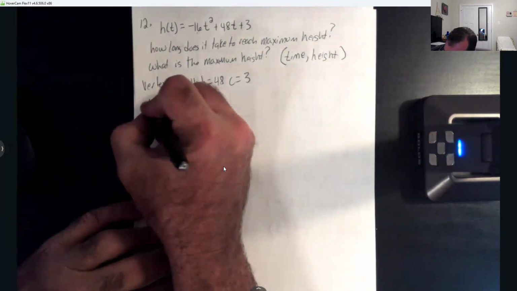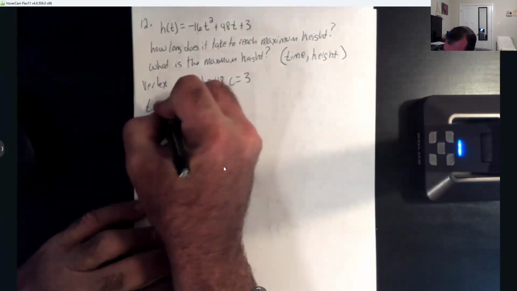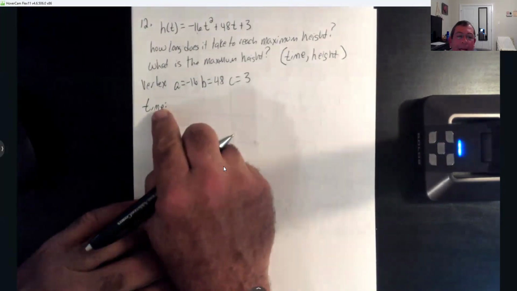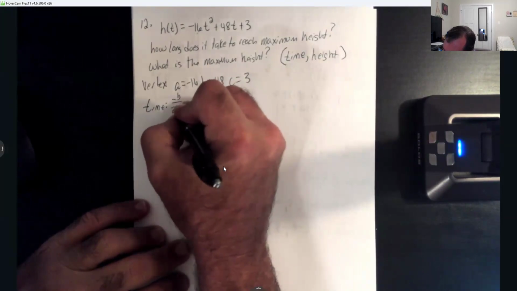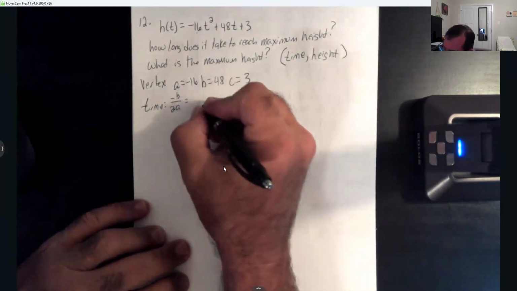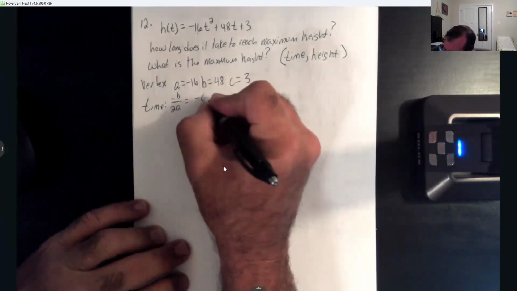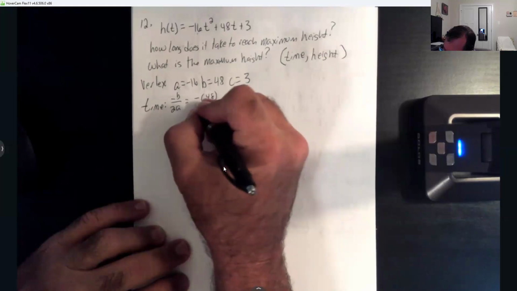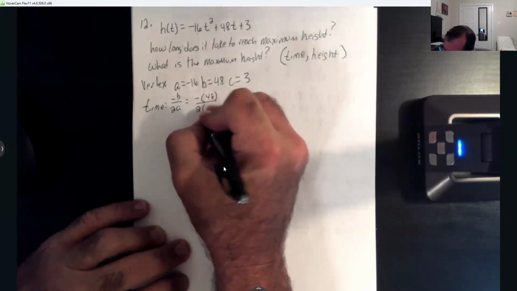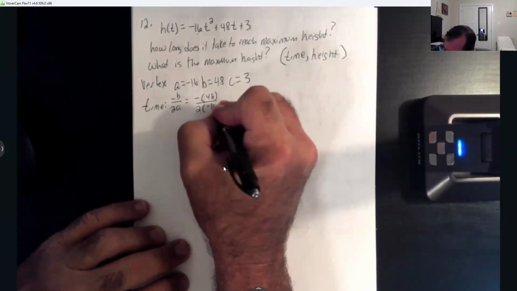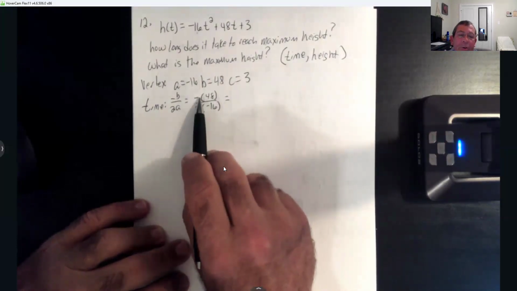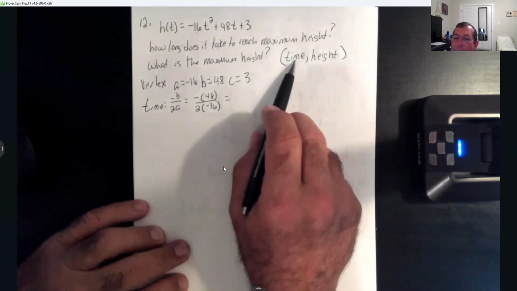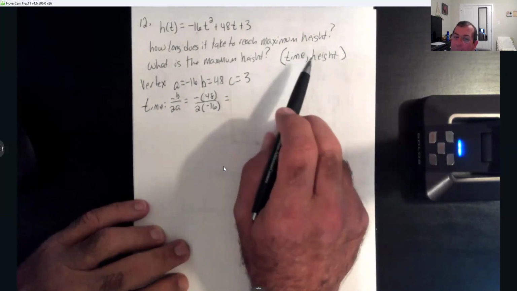So to get the time, that's like the x, we're going to do negative b over 2a. That will equal negative times my b, which is 48, over 2 times my a, which is -16. When you're done with this, it's going to end up positive because we're talking about time, which is positive.